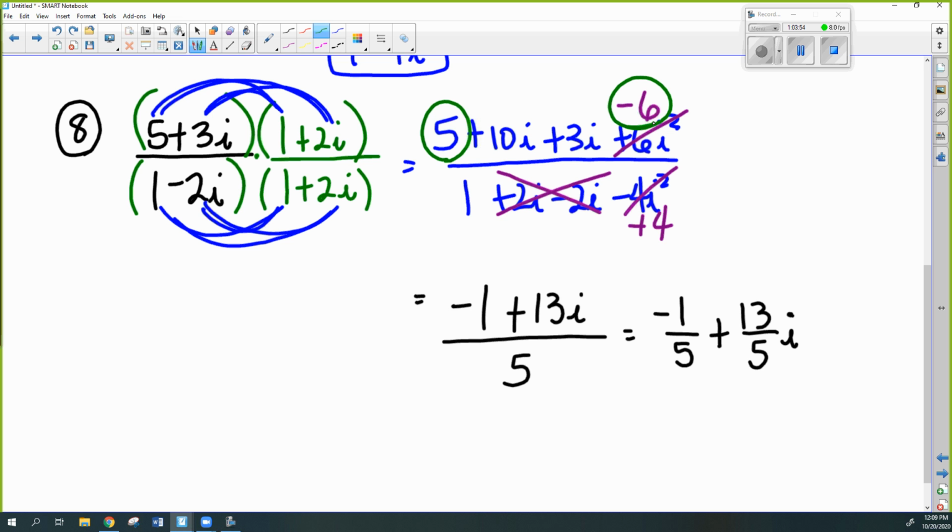If it still had an i, then I could not. And then for the division, I just have to put the 5 under each one separately. The i doesn't have anything to do with that. It's just part of the final answer. Anything else?